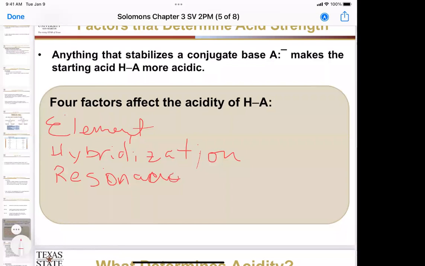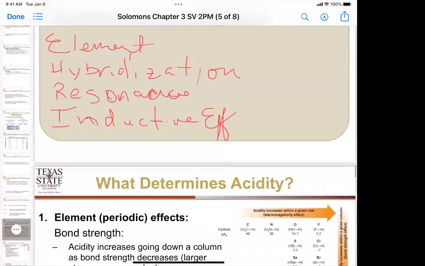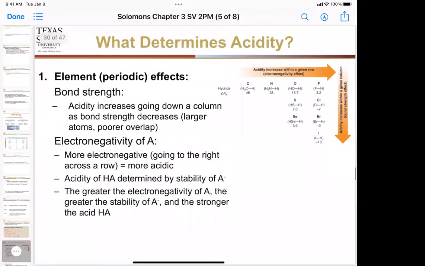And the last thing is what we call inductive effects. Element really has one of the highest contributing factors, followed by hybridization, resonance, and inductive, kind of in that order. So the first thing we want to look at is, what do I mean by element?